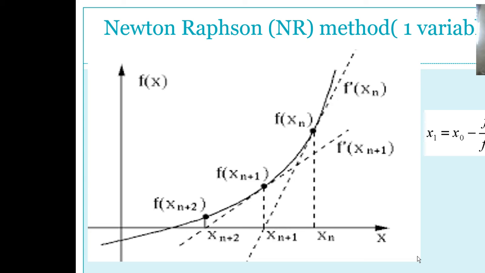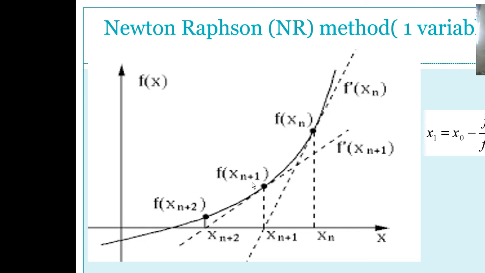Now, the Newton-Raphson method, its expression is derived from the Taylor series expansion by considering only the first two terms of the expansion. And so if we start with the initial guess value, it requires only one initial starting value, say xn.